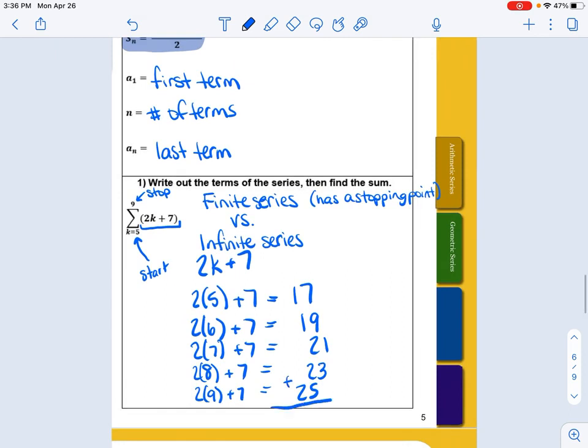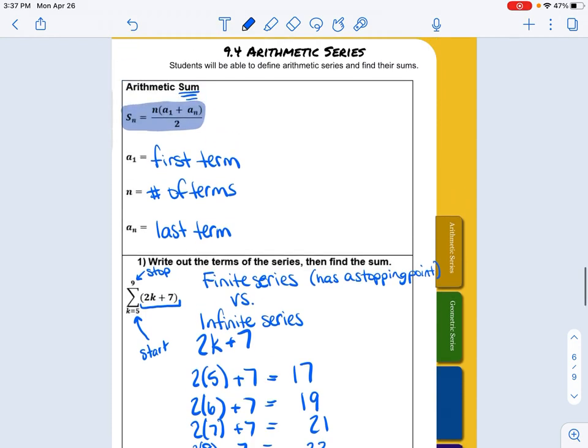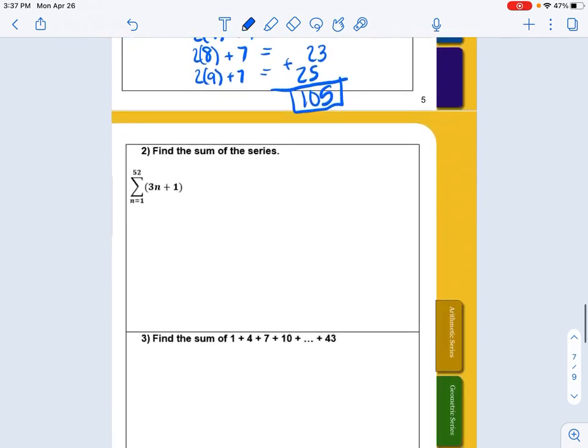Then because it asks me to find the sum, I add them up, and I end up getting 105 as the sum of my finite series. Now, we could solve this using our arithmetic sum equation. I'm going to go to the next problem, and we will learn how to do this.